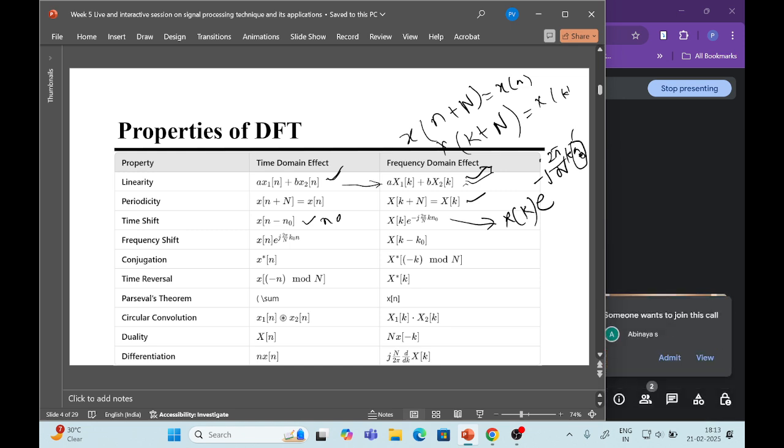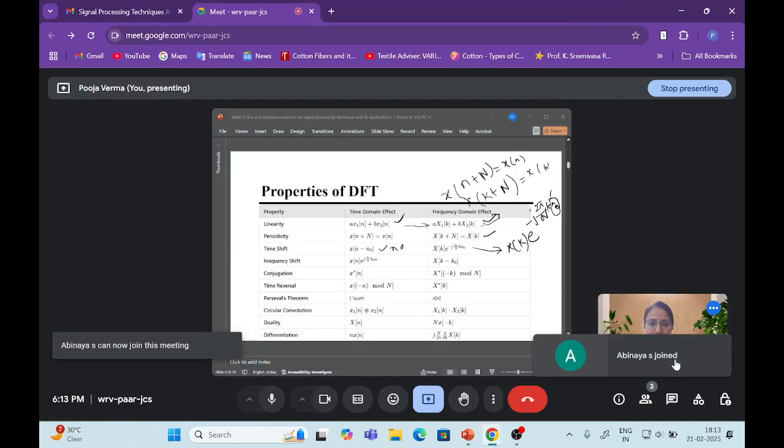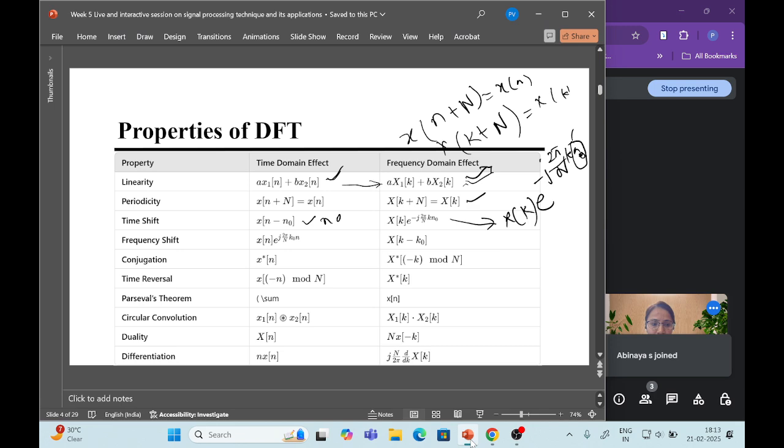Next is the frequency shift, which is the corresponding shift in the frequency domain. Then conjugation: if any signal is conjugated in the time domain, then in the frequency domain it will be the conjugate of X at N minus k.